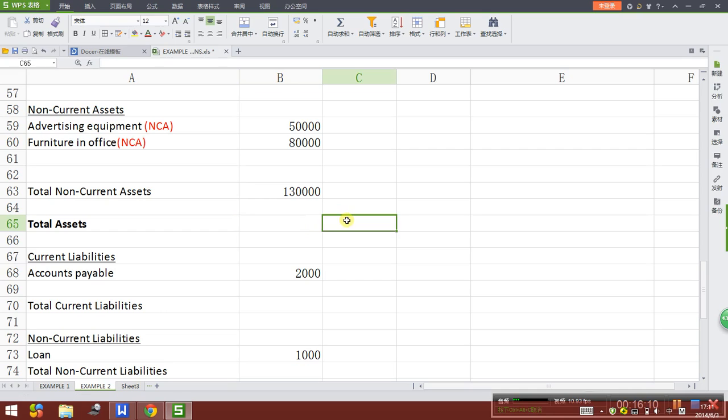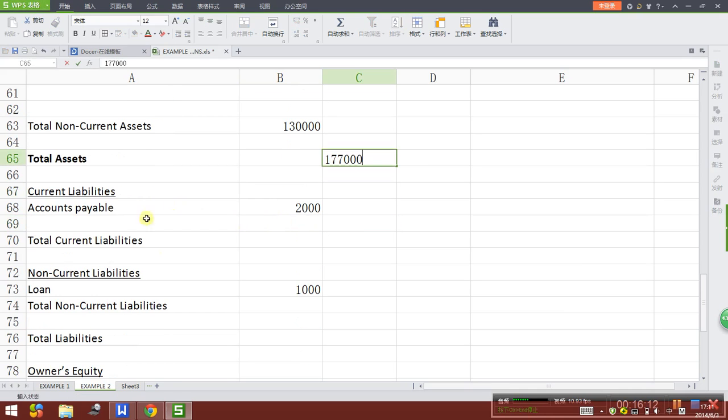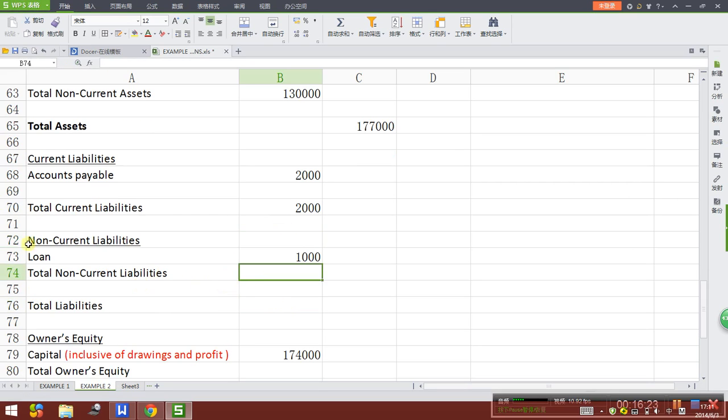And in the liability account, the total current liability is accounts payable and is 2,000. And the loan belongs to the non-current liability. Total liability is 3,000.